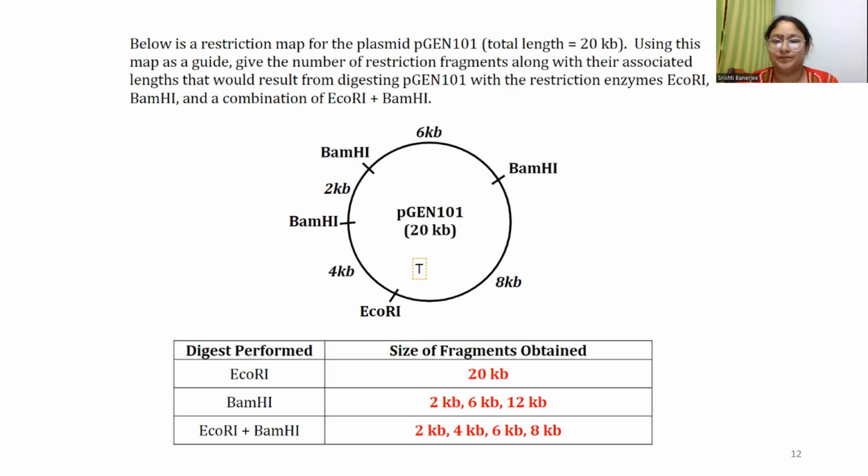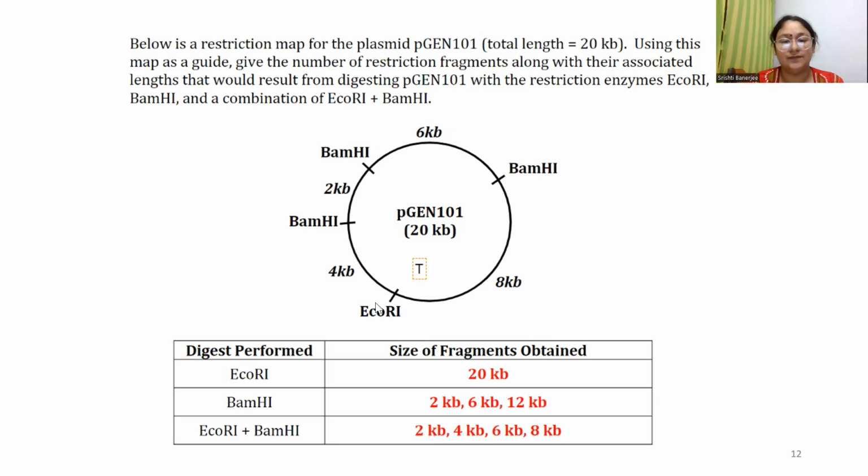Okay. So now, the restriction enzymes EcoR1, BAMH1, and a combination of EcoR1 and BAMH1 have been used. What does that mean? You are digesting only with EcoR1, then only with BAMH1, and then with both EcoR1 and BAMH1 together at the same time. Then what will happen?